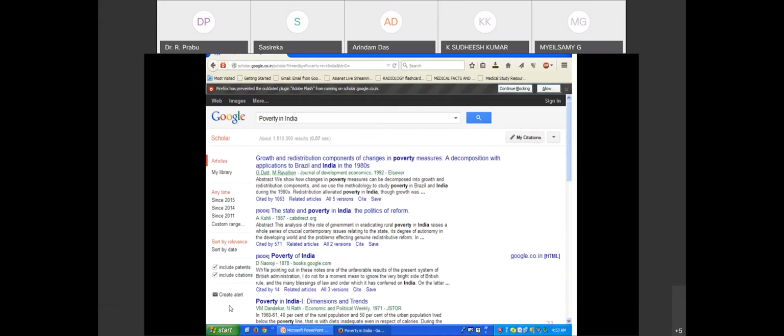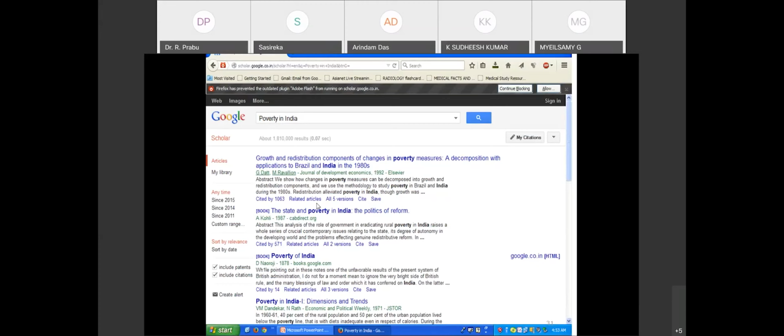So this is Google Scholar. It is freely available on the net, and here, if you want to check any subject area, or to know the articles published in a particular area, you are also able to find out the citations. Here you can see they have given the keyword poverty in India.